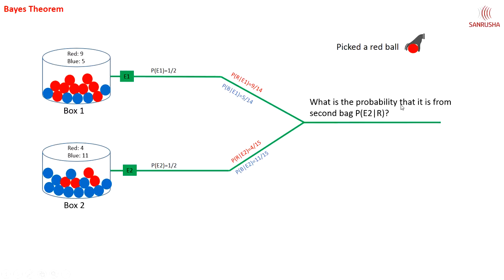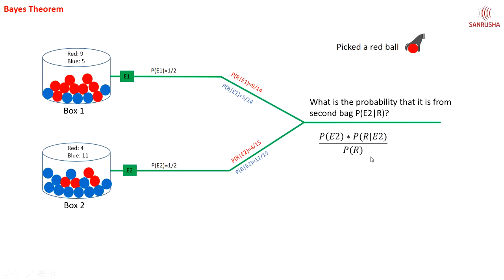Now here we have to find out the probability of that red ball being from the second box, and that kind of probability is calculated using Bayes theorem. Bayes theorem says that P of E2 given R is equal to P of E2, the probability of E2, times the probability of R given E2, divided by the total probability of R.